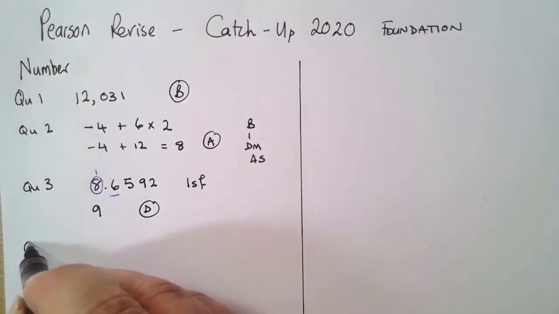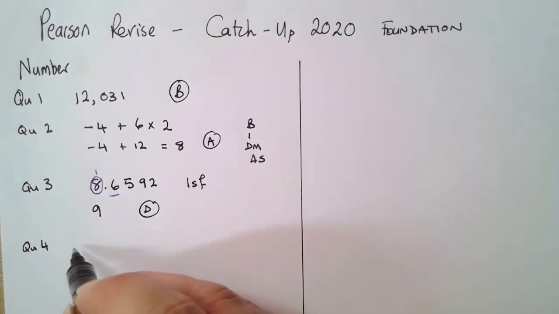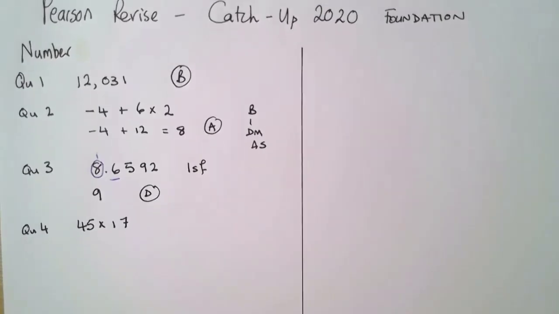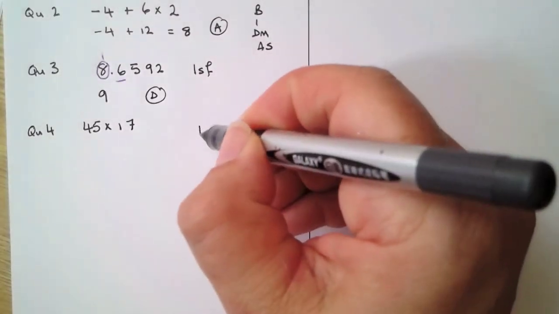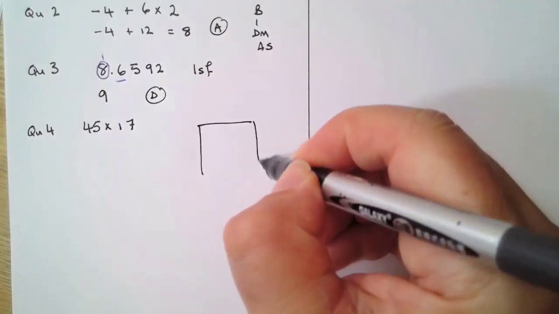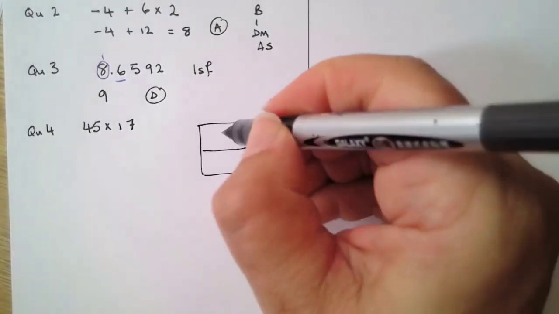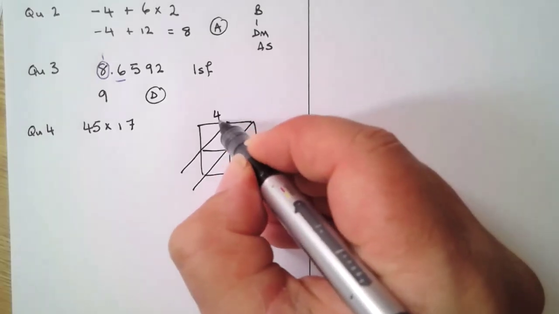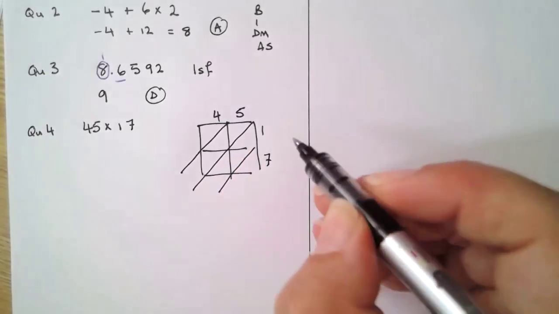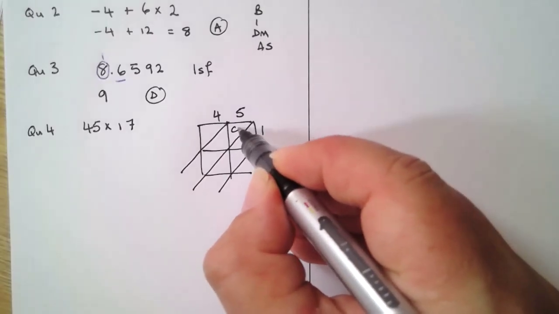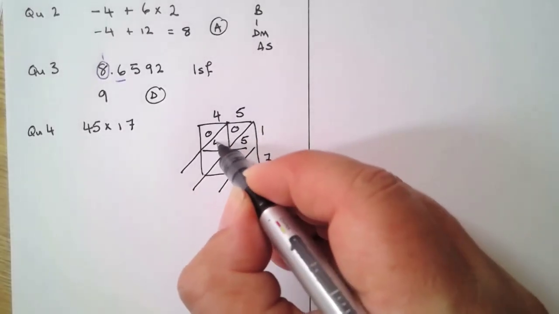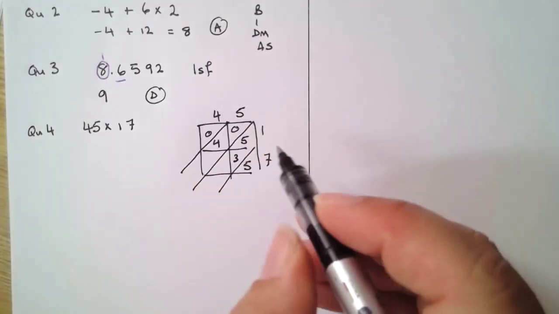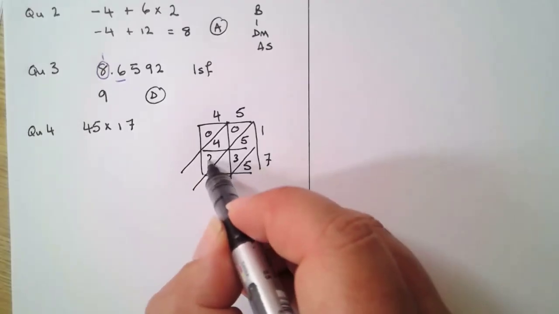Question 4. What is 45 multiplied by 17? Number of different ways of doing this. I'm going to use the lattice method just here. I'm going to put 45 up here, 17 down here. 5 times 1, 1 times 4, 5 times 7, 7 times 4, 14, 28.